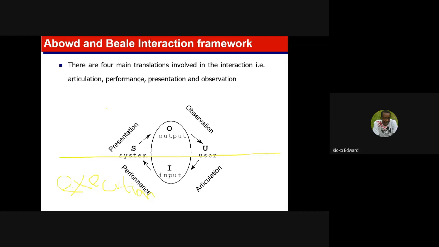At the top there, this is what we are calling our evaluation. So it's that simple. Articulation and performance form the execution phase, while presentation and observation form the evaluation phase. It's that simple in the Abowd and Beale model.